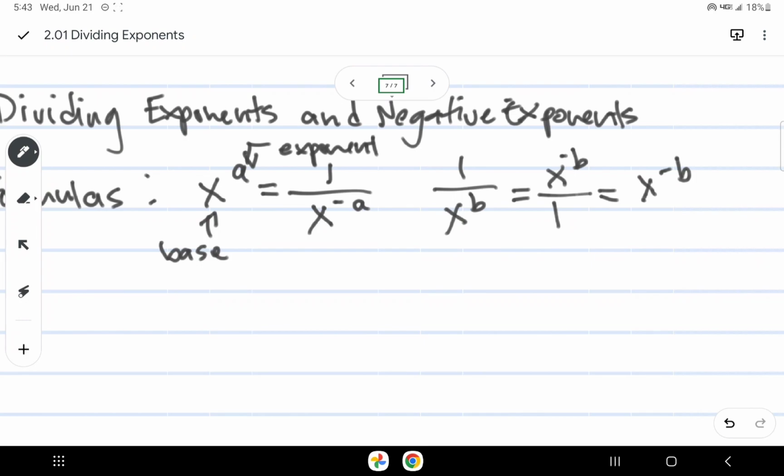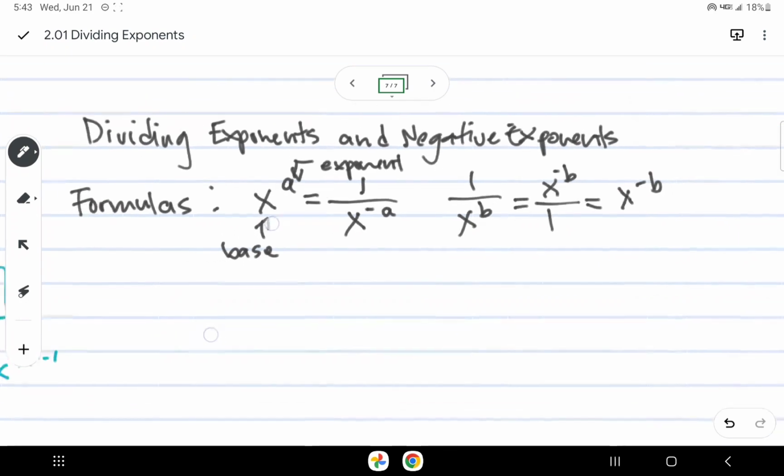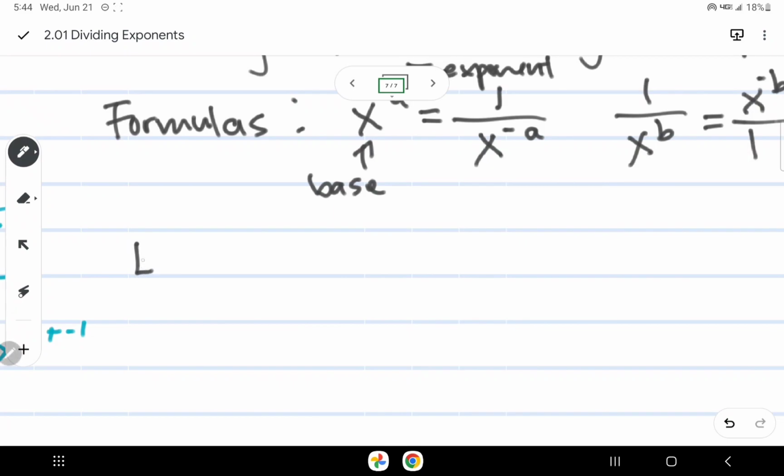And let's give a couple of examples just to make sure we understand what's going on. Example 1. Let's say we have 1 over x to the power of negative 2. Normally, when dealing with exponents, I prefer to make sure everything has a positive exponent. So this has a negative exponent, and I want it to be positive.